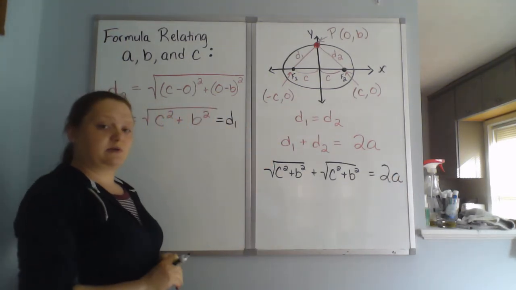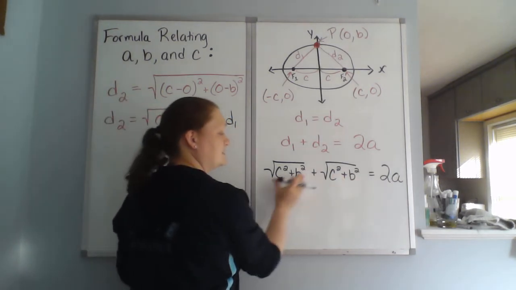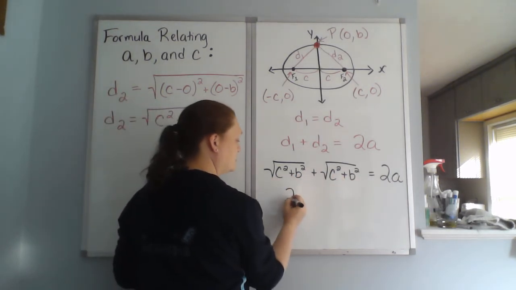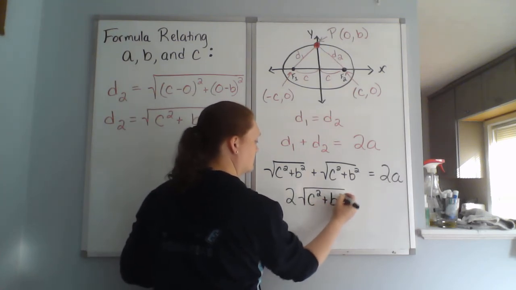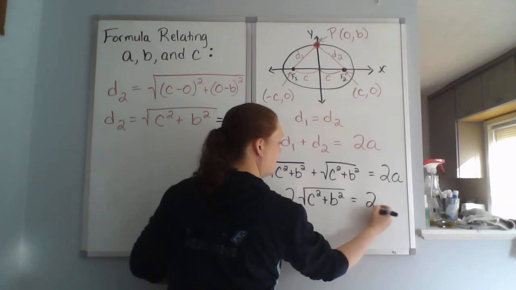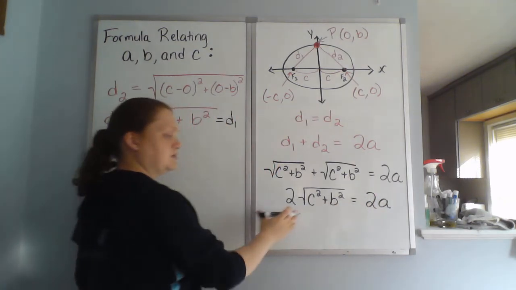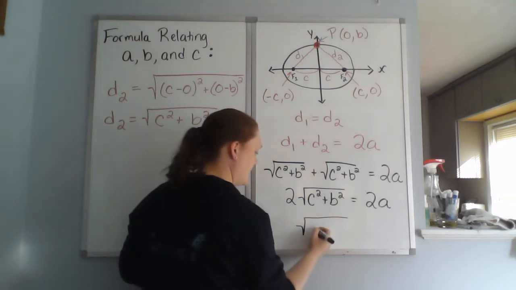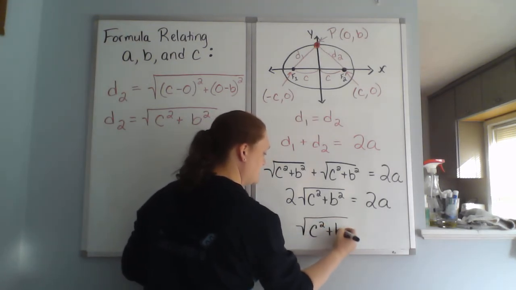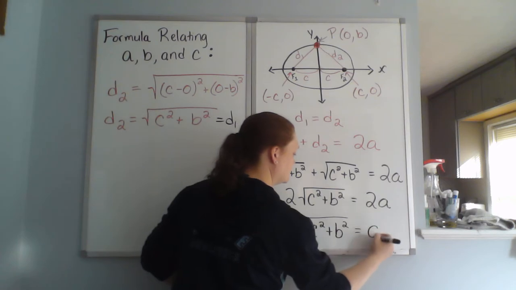Promise we're going somewhere with this. Because there are two square roots that are identical, I can say that two times the square root of c squared plus b squared is equal to 2a. And now because there's a 2 on both sides, I can divide out that 2 and simply say that the square root of c squared plus b squared is equal to a.